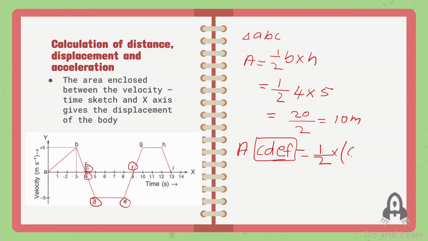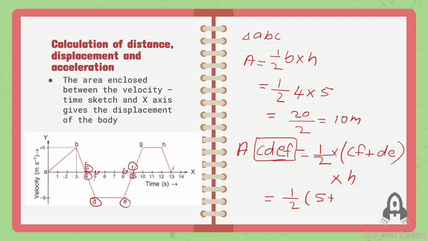So CF plus DE multiply the height. Put the values. CF is how much? 9 minus 4, that is 5. 5 plus, what is the value of DE?